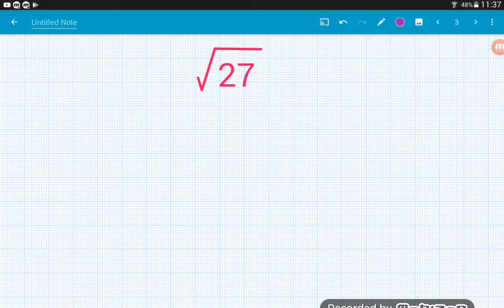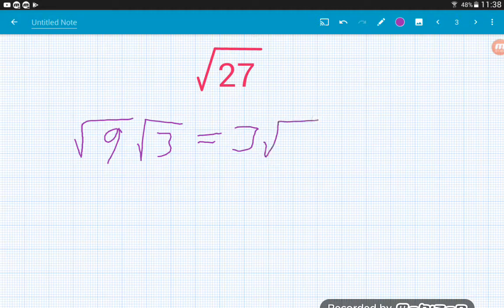So we can write root 27 as root 9 times root 3. Now the reason that we've done that is that 9 is a square number, so we can nicely square root 9, and that will give us 3 root 3. So root 27 in its simplified form is 3 times root 3. Job's a good one.